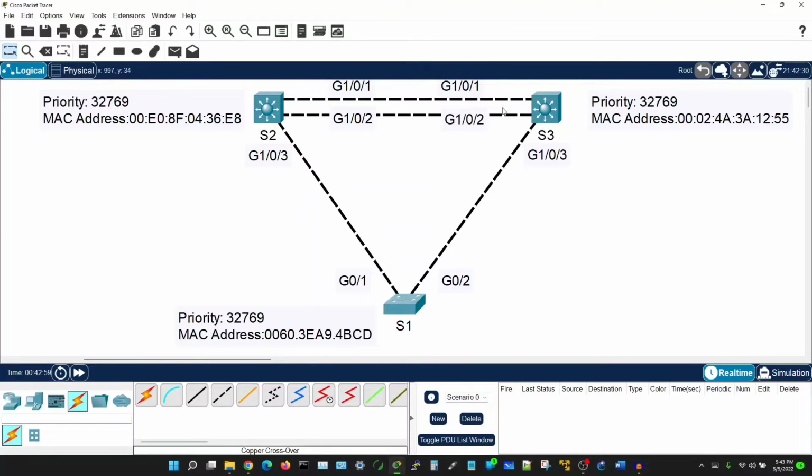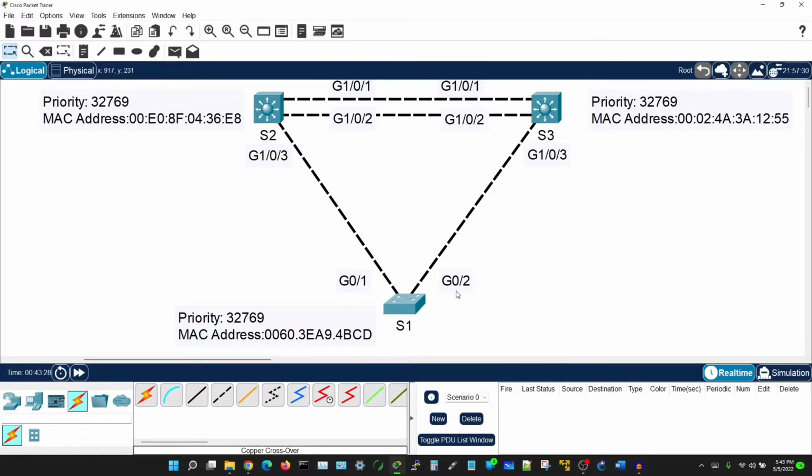Both have a direct connection to the root bridge, but the priorities are the same. So if the priorities are the same, then what about the MAC address? So again, switch 1 will be the designated port.